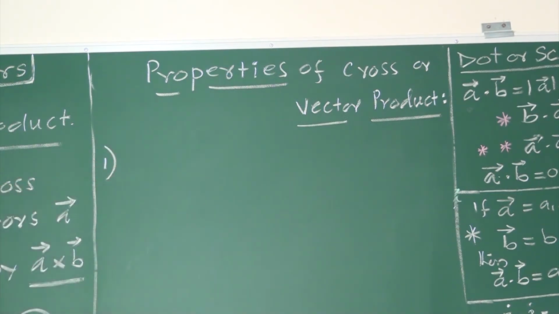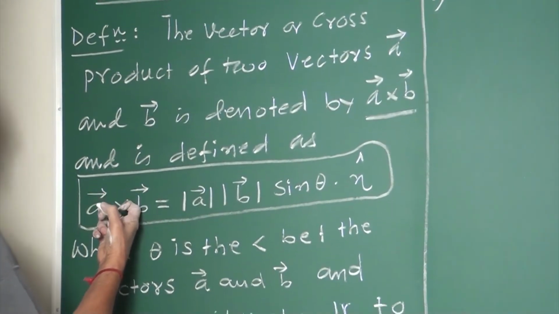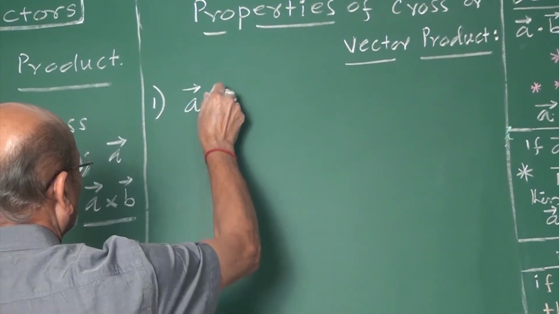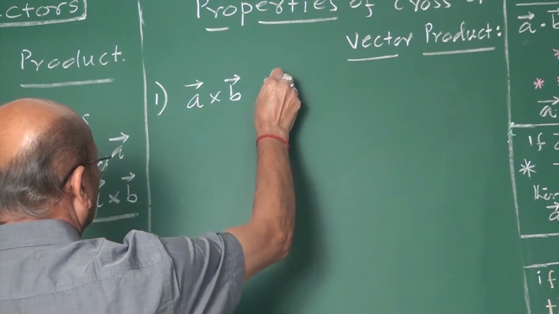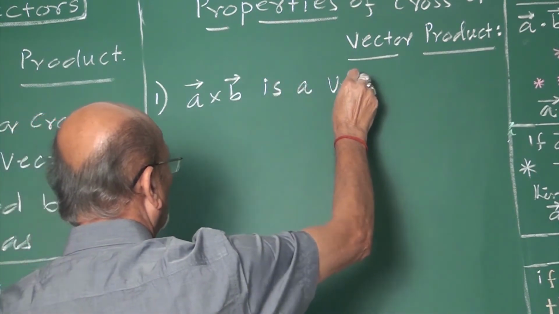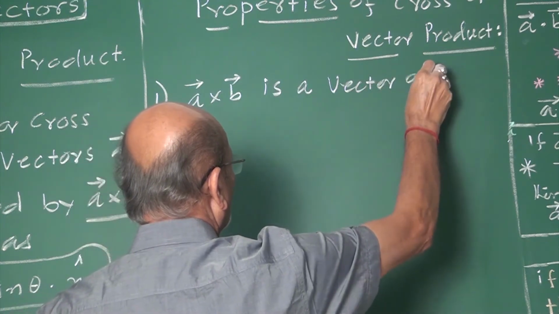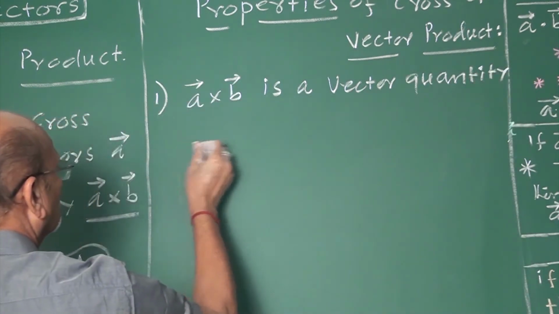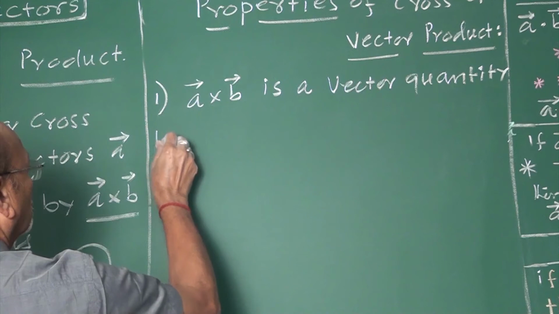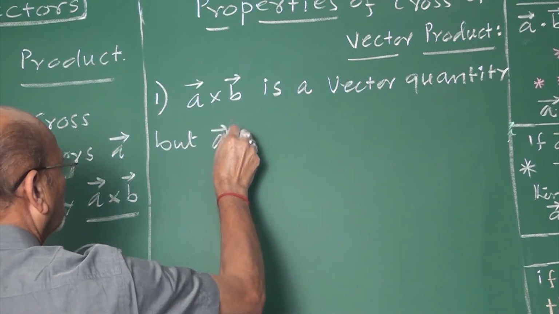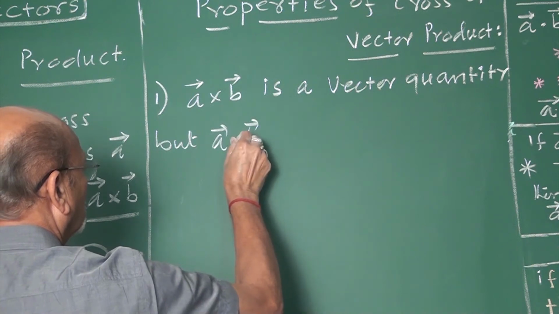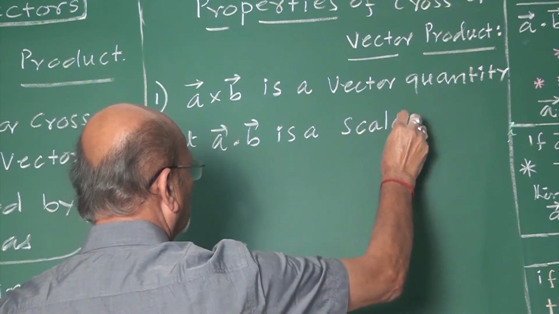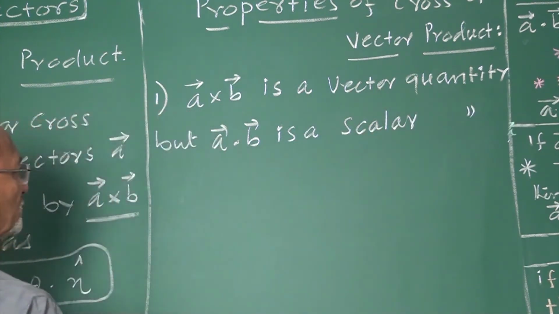Because of this eta cap in RHS, A cross B is a vector quantity. A cross B, first property: A cross B is a vector quantity, whereas the dot product A dot B is a scalar quantity. This is the first property.